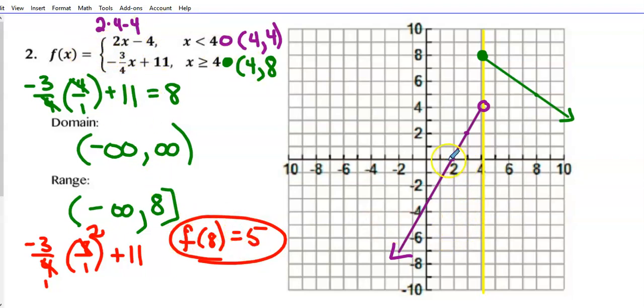A lot of times, though, you can see on the graph where the point is. Let's say f of 6, we can't tell what that is because we don't know what that fraction is. But f of 4, we know what that is. It's right here at 8. So sometimes you can tell from the graph and sometimes you can't. But that's how you would do that if it asked you from the graph.